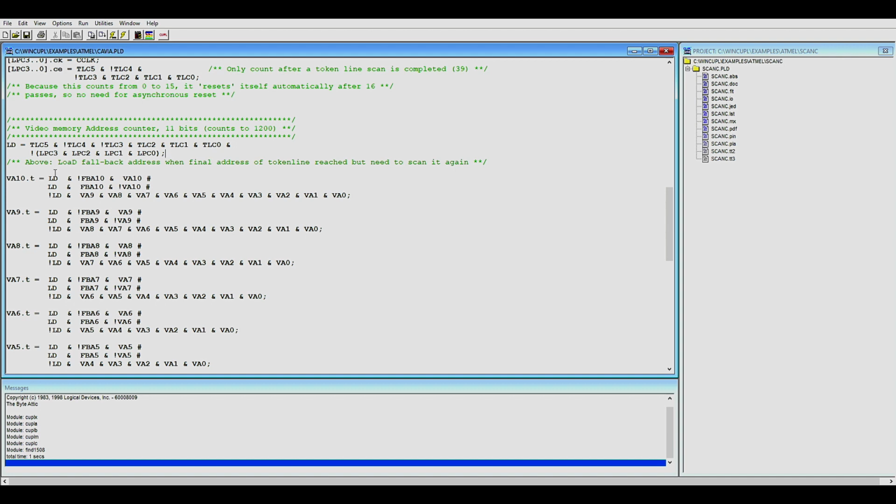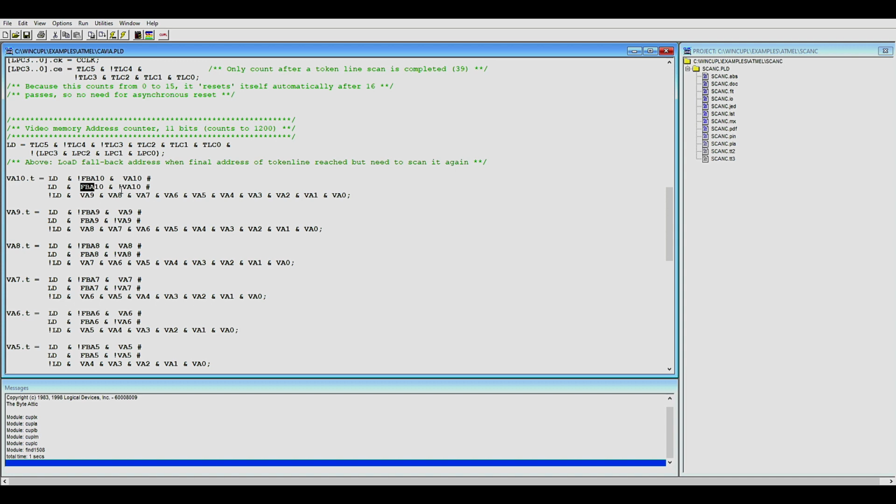So on that occasion, when the end of the line is reached, but we need to scan the line again, then this load will be asserted, and what this logic here means is that the fallback address, FBA, will be parallel loaded into the counter at that point. In other words, suppose you are at address 39, and you have to scan the first token line again, so you have to go back to 0.